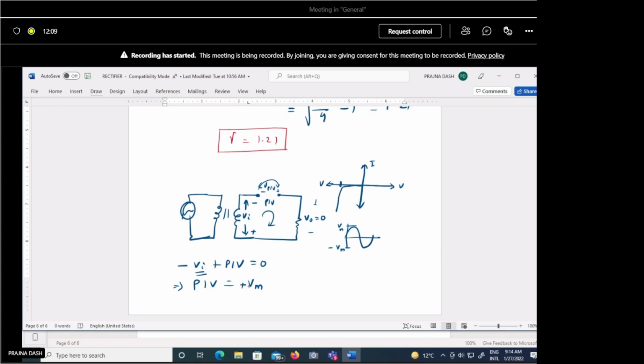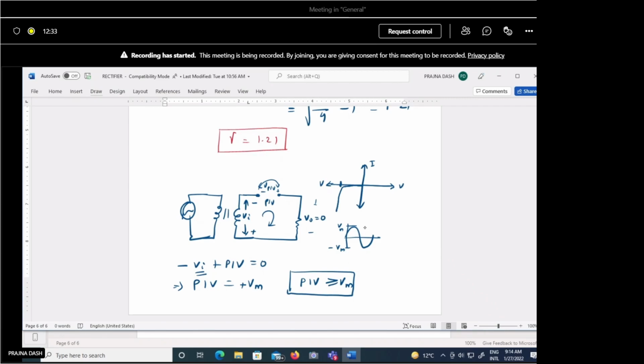That means a maximum of Vm amount of voltage will appear across this open terminal. Whatever diode we choose must have a PIV rating greater than or equal to Vm. For example, if the input signal is plus minus 5 volts, the peak value is 5 volts.